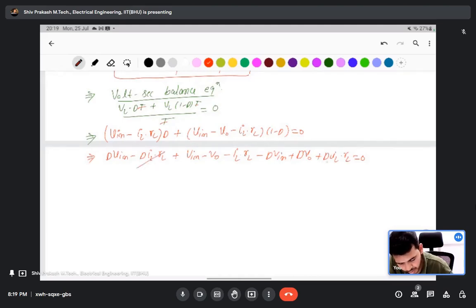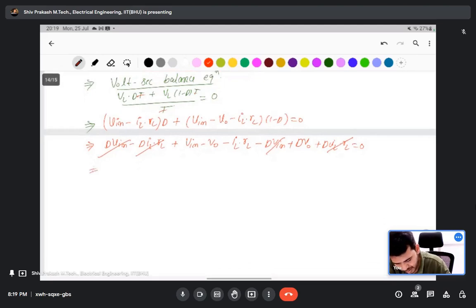D IL RL cancels out, D V in also cancels out, leaving V in minus V naught minus IL into RL.